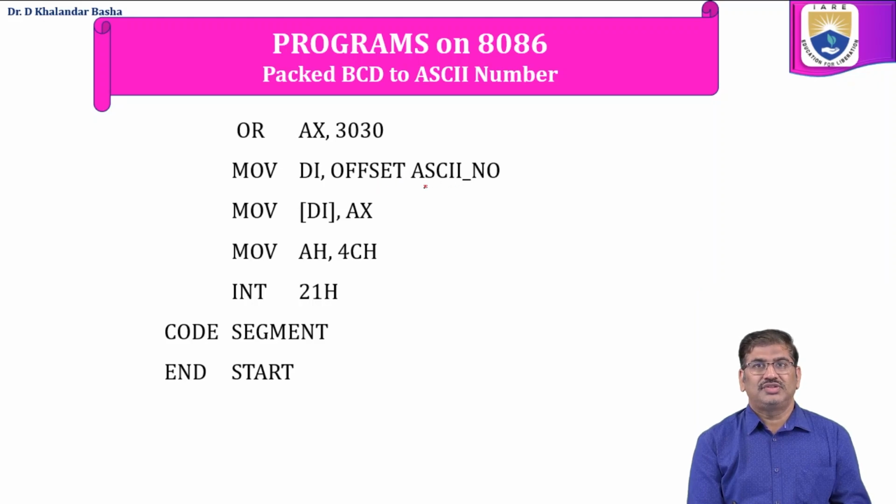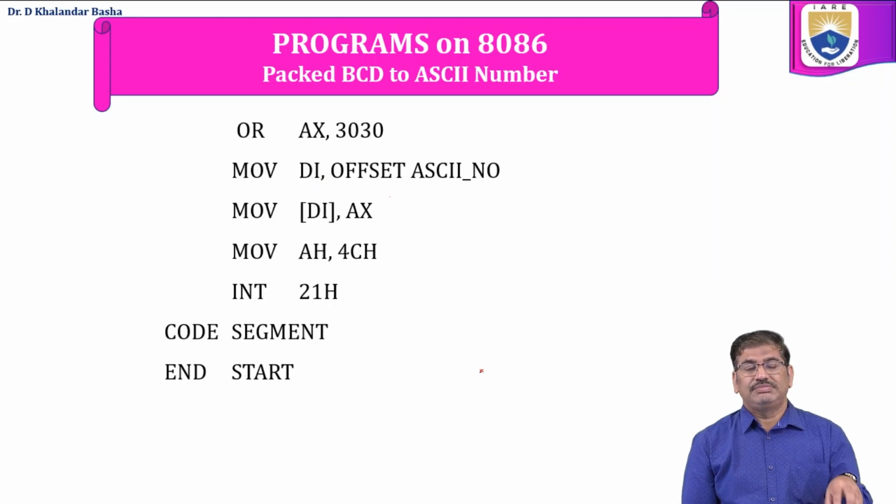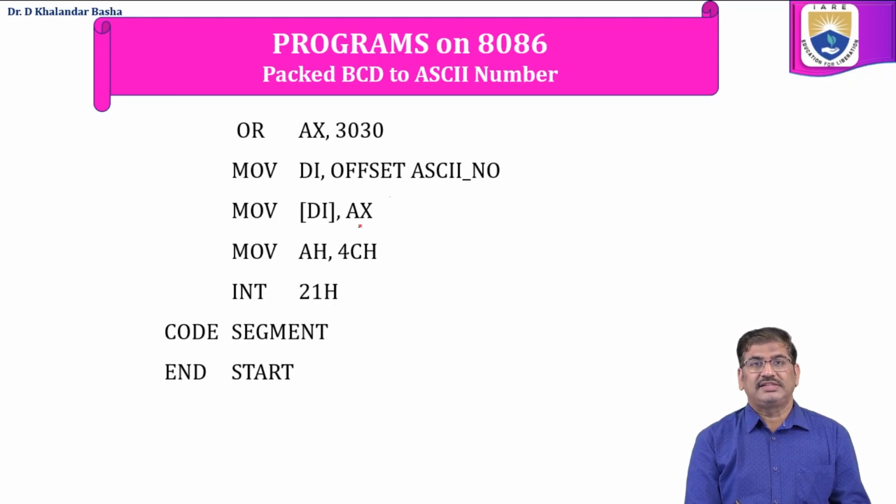This will fetch the offset value of the ASCII number in the data segment, which will be loaded into the DI register by using MOV DI, OFFSET ASCII number. Into this memory location, we want to move the ASCII number existing in the AX register, so we use the instruction MOV [DI], AX. So the ASCII number will be loaded into the memory location.